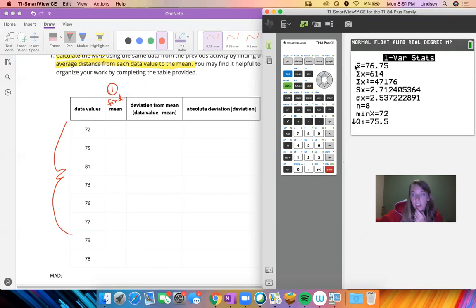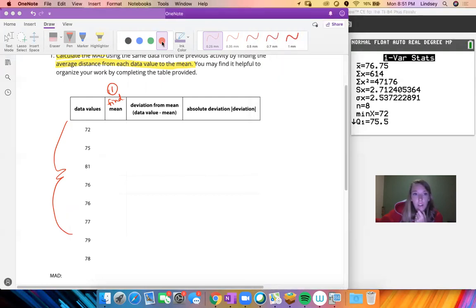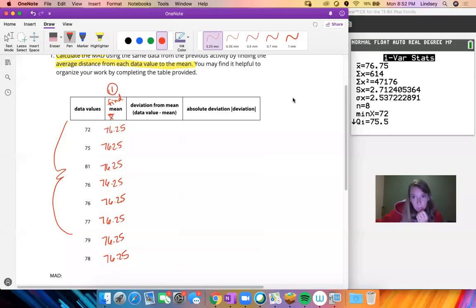Remember earlier, I told you this x with a line over it. That's the mean. You can just take that number right there and plug it into your little table. So 76.25, and you're going to fill in this whole table. So I'm going to pause real quick. Okay, so fill in your whole table.